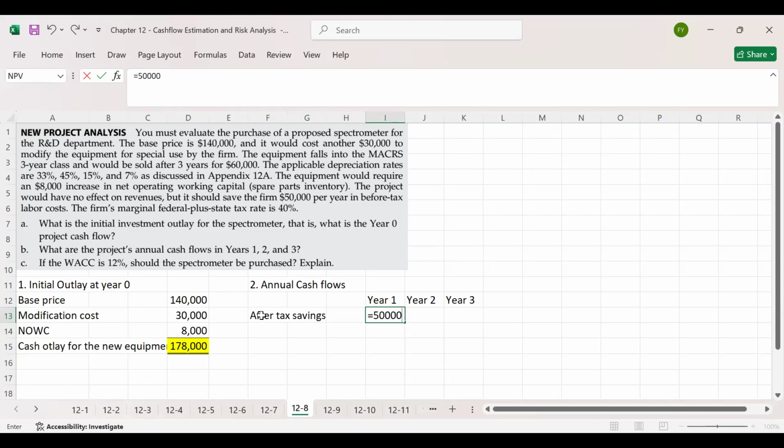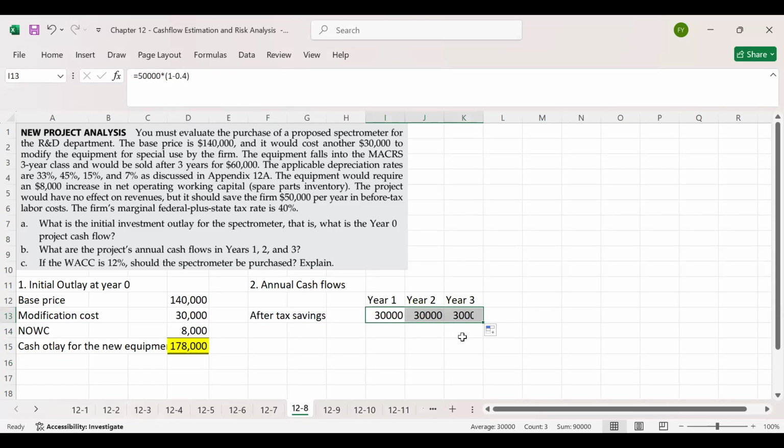into 1 minus t. You are going to multiply by 1 minus t, where t is the tax rate, which is 40%. So the amount is 30,000.